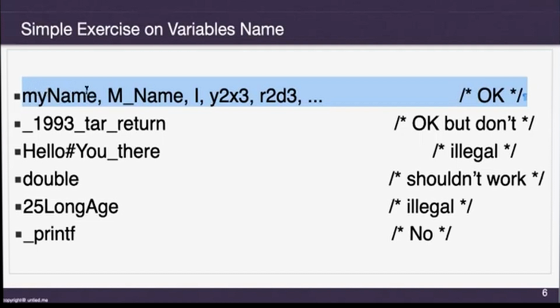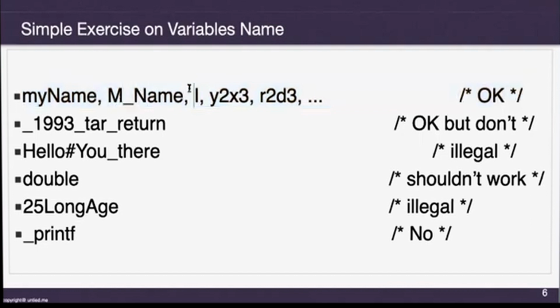It has used only alphabets. This one is also okay. Here we have used an underscore. This is also okay. It is a single character name which we have given. This is also okay because here you have 2x3, not cross. So no problem here, no problem here.